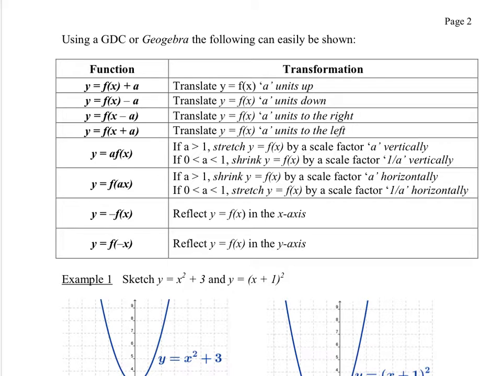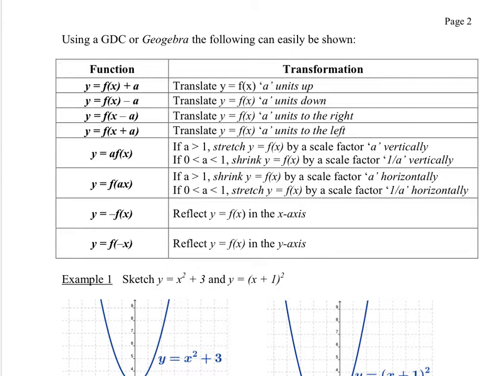Now you remember, I hope, from the work that you did on transformations, how to shift something up, you add to the function. To shift down, you subtract from the function. To move something to the right by 2 units, for example, you would replace x with x minus 2. To move something to the left by 2 units, you would replace x with x plus 2. If you wanted to stretch something, you multiply by something.